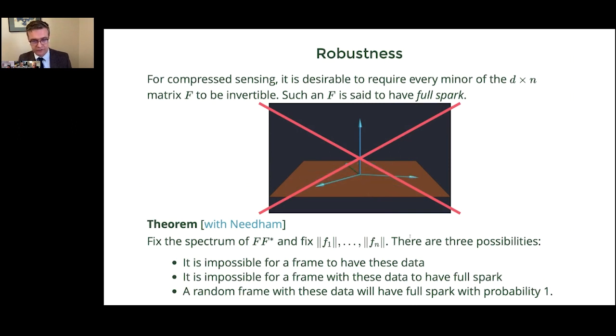That means that if I take the sum of the squares of the norms of the f_i for i going from 1 to k, then that should be less than or equal to the sum of the first k eigenvalues of FF star. That's a system of inequalities. If you ever get equality in any of those, then you're in the bad case where you can't have full spark. Otherwise, if all of those inequalities are strict, then you're in the third case where everything is full spark. And if you fail to satisfy any of those inequalities, you're in the first case where there's nothing. So it's very explicit in terms of inequalities.